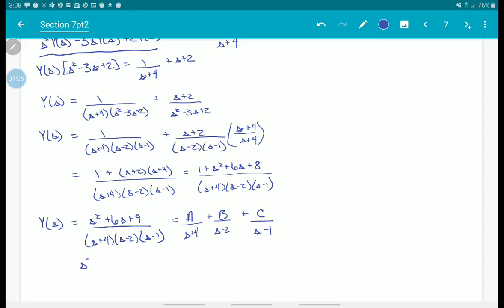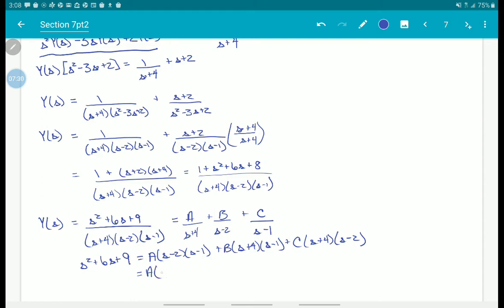So we have s squared plus 6s plus 9 on the left. A needs to be multiplied by s minus 2 times s minus 1. B needs to be multiplied by s plus 4 times s minus 1. C needs to be multiplied by s plus 4 times s minus 2.